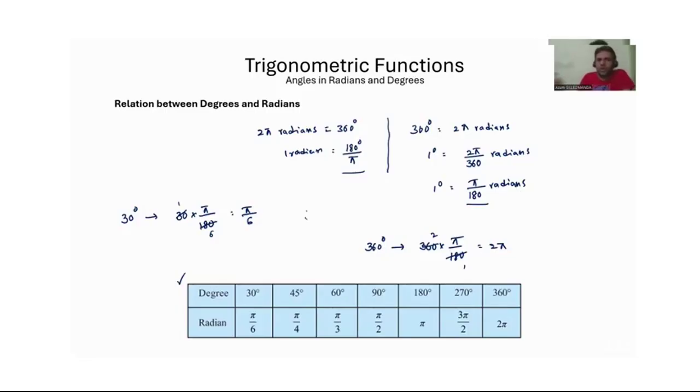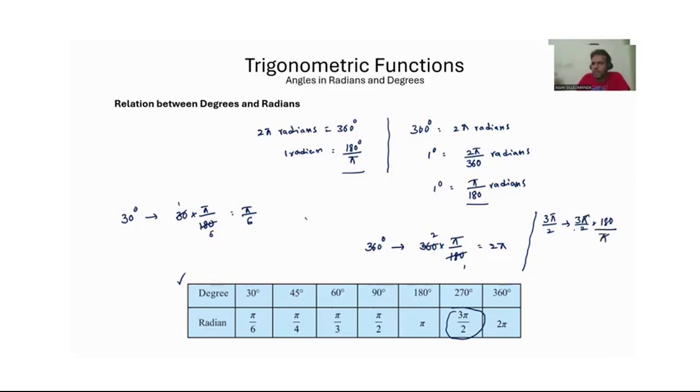Now you want to convert a radian value into an angle. For example, let's take this radian value, and I will convert into degrees. Say 3 pi by 2, guys. If I want to convert 3 pi by 2 radians into degrees, this formula we need, 180 by pi.